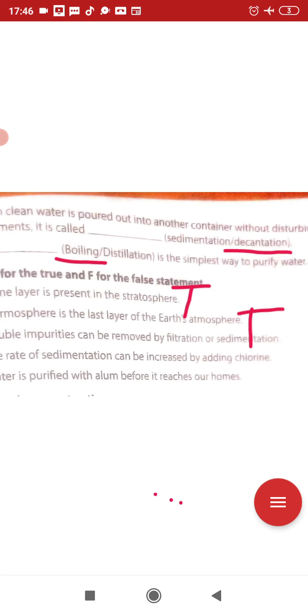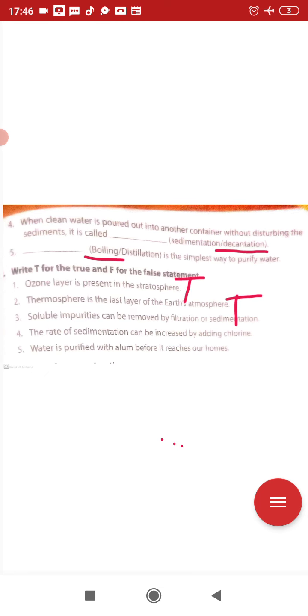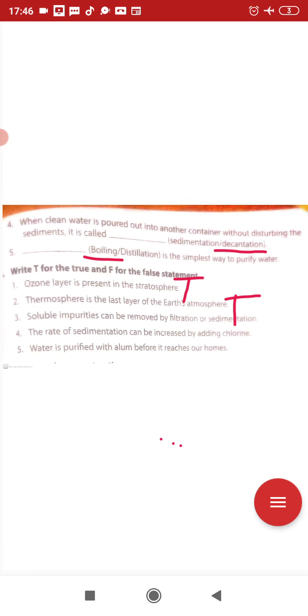Now question number 3. Soluble impurities can be removed by filtration or sedimentation. Soluble? No. Insoluble impurities can be removed by filtration or sedimentation, not soluble. So this statement is false.